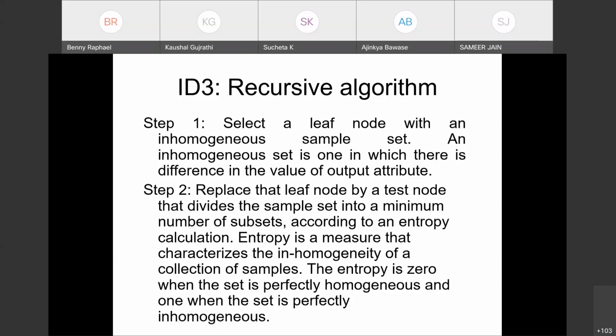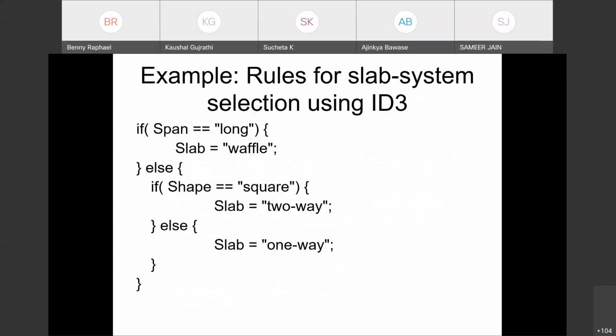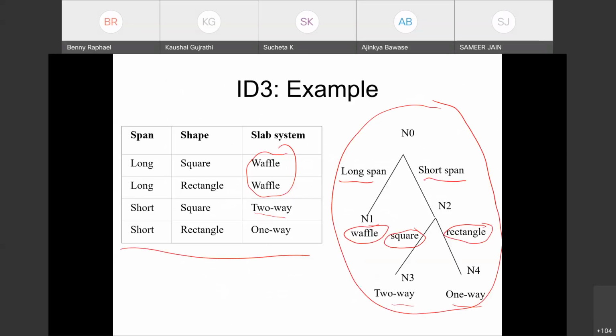So let us see it with this example. We have two variables, span and shape. If you take span as the variable, we can calculate the entropy of the resulting subsets. You have two subsets. In one subset, everything is a waffle slab. If you compute the entropy, that will be zero entropy.